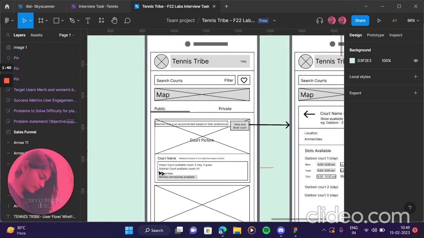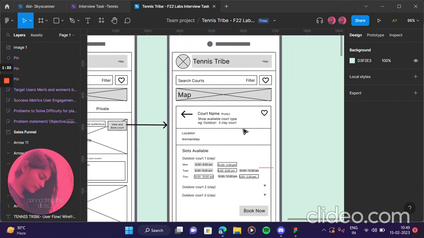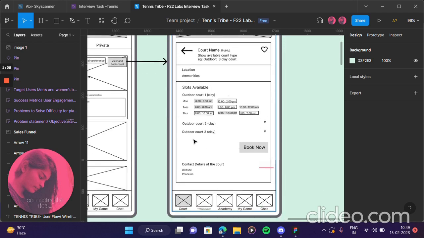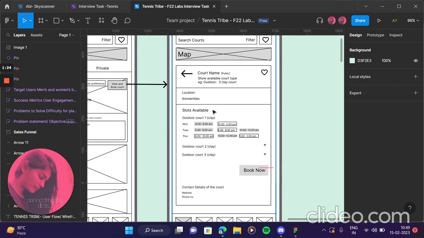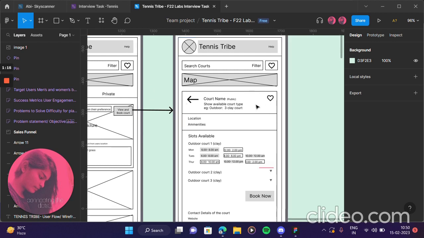They can see if it's an indoor court, how many courts are available, and what amenities that particular court has, and view and book the court if they like it. This is inspired by Practo and BookMyShow. They can book these slots with book now, and if they like a court, they can add it to the wish list.